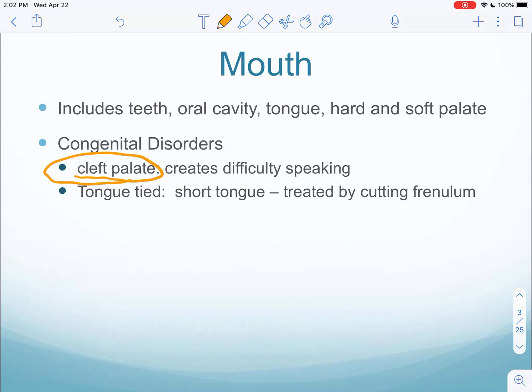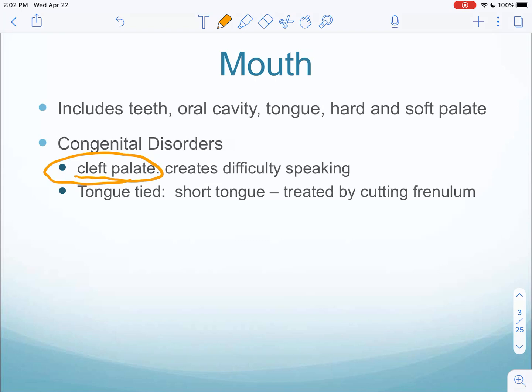So remember, if you've forgotten, a cleft palate is when the maxilla, or it could also include the palatine bone, is not completely fused medially during development, and then you're left with a gap that may include the lip. It may include just the bone. It could be both.